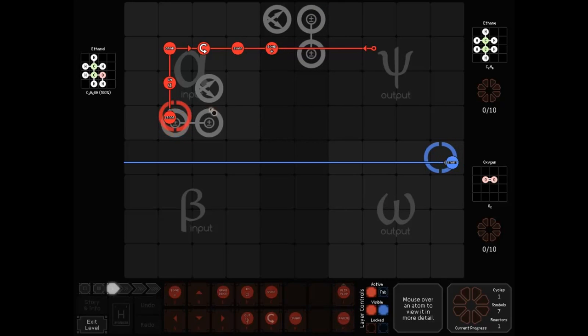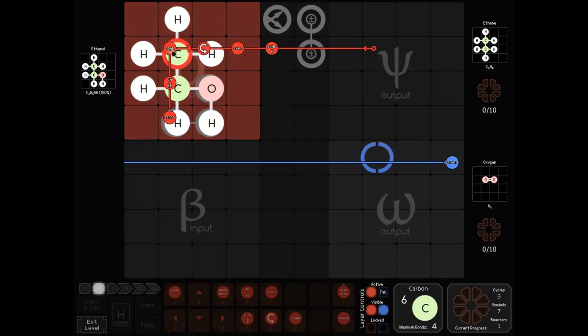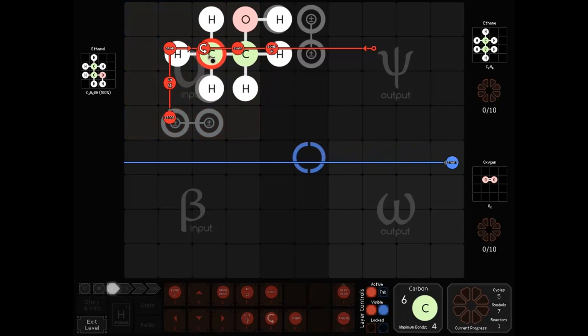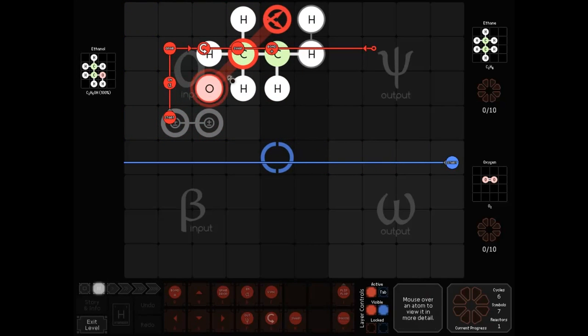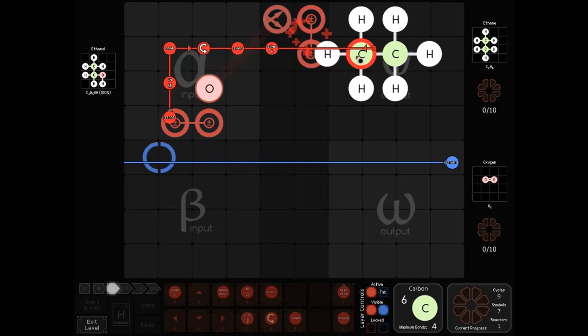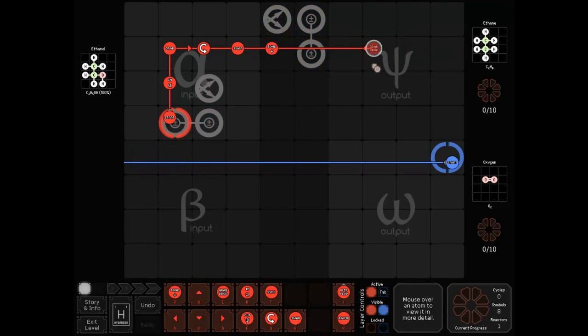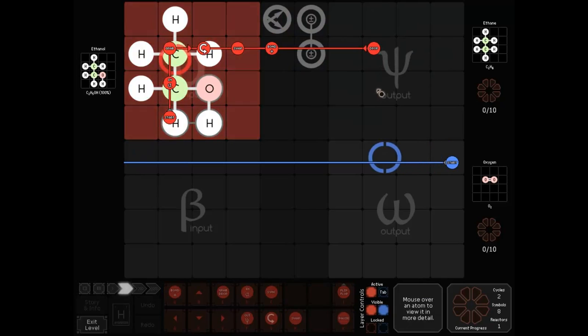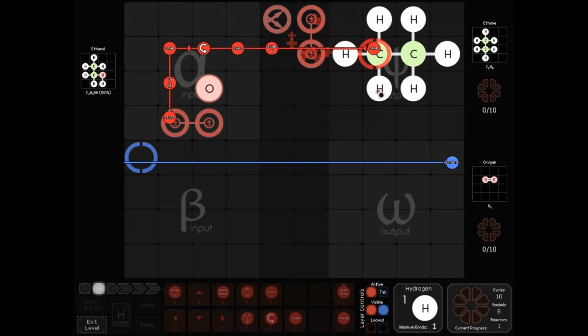Okay, let's see what happens here. So I input the red, I grab it, rotate, swaps that oxygen over here, bonds the hydrogen, and then I can drop it right there. So yeah, that's the ethane done.